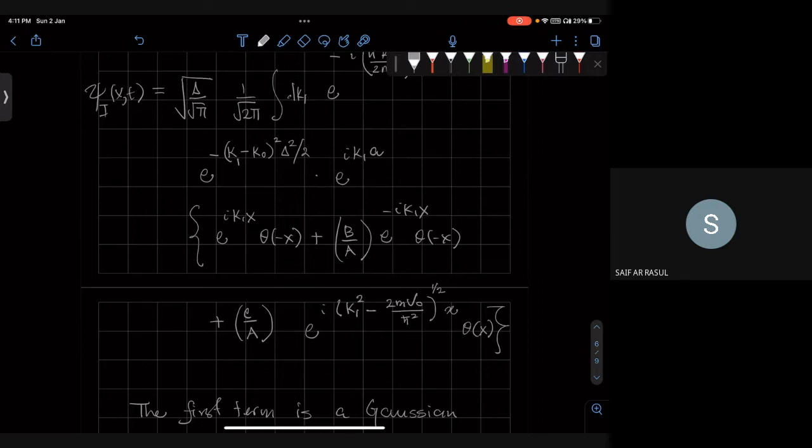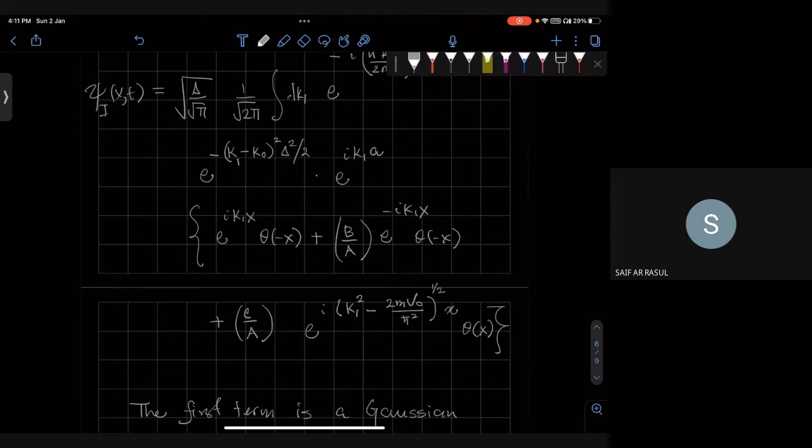The initial wave packet was sharply peaked. What does that mean? We assume that the initial wave packet was very sharply peaked around K0.